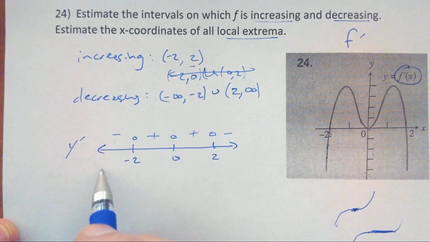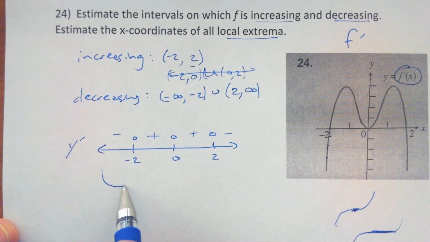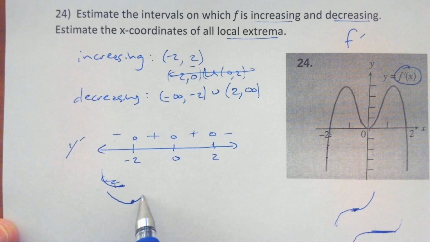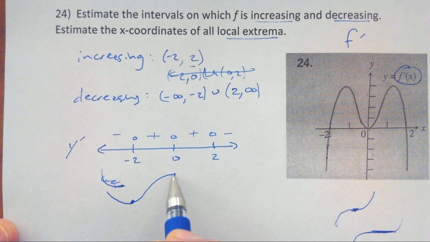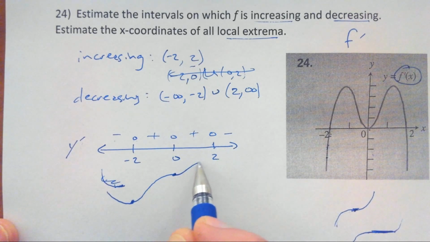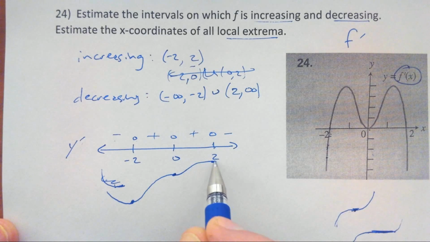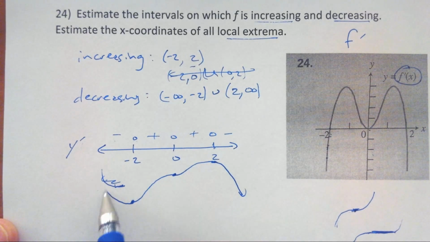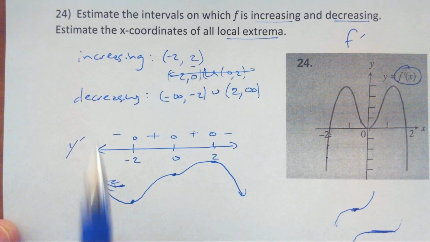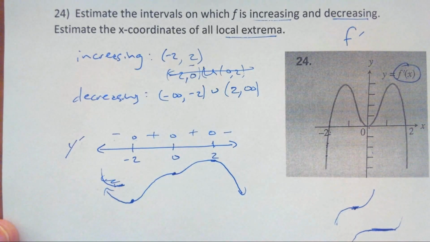Our graph should be going down, leveling off at -2. I'm going to redo this, so I'm right underneath that -2, leveling off there, going up and then leveling off at 0, but then going up again, leveling off at 2, and then going down after that. So when they ask, how about our local extrema? Well, take a look.